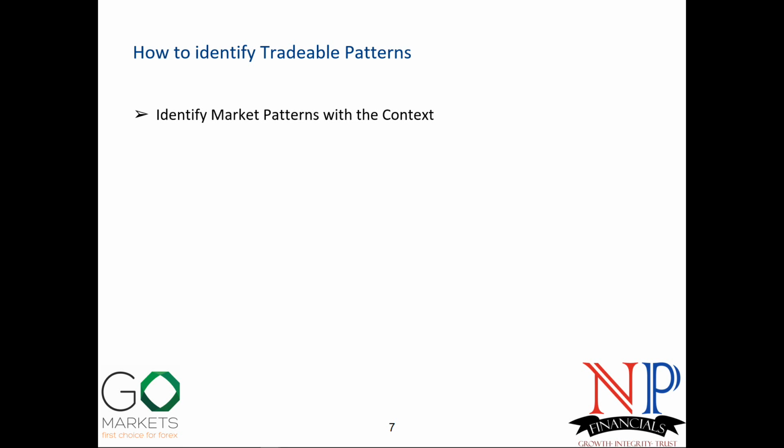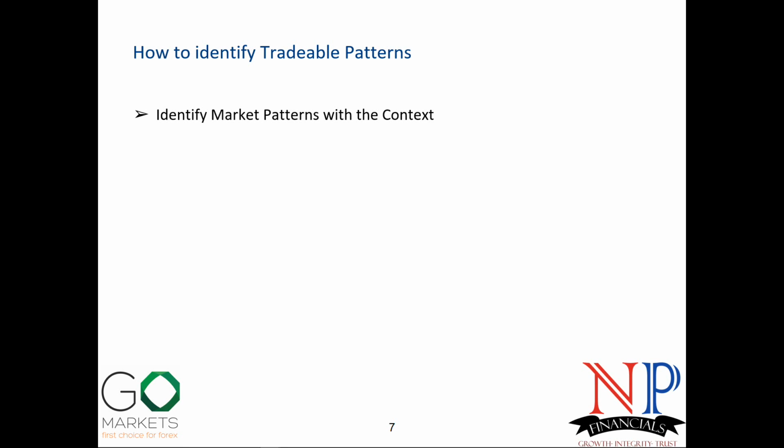First thing first, you must write it down and note it and remember for the rest of your trading life: this slide number 7 of this webinar of Go Markets and NP Financials. Identify market patterns with the context. If there is no context, there is no market pattern, even if it is there.